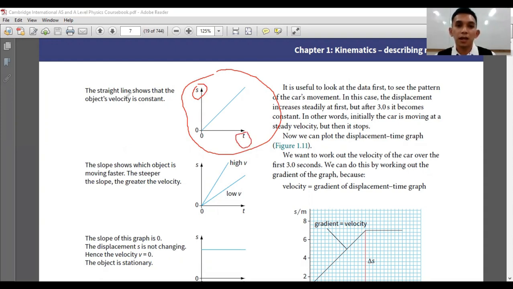Here the straight line shows that the object's velocity is constant. As you see, the increase in displacement is followed by the increase in time. So it means that the object's velocity is not changing here. There is no acceleration.